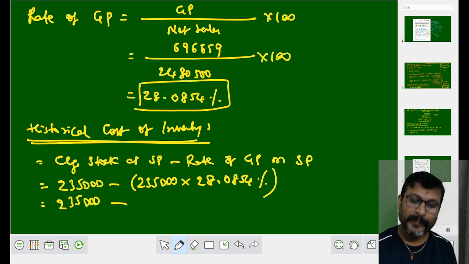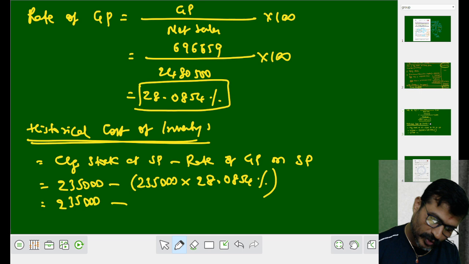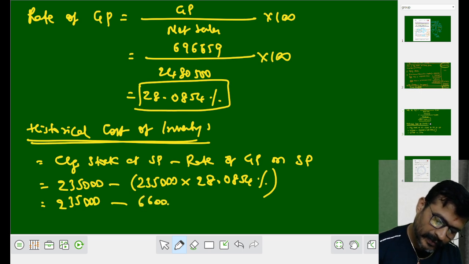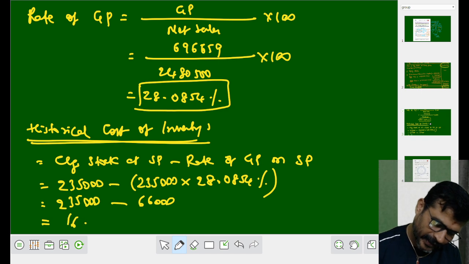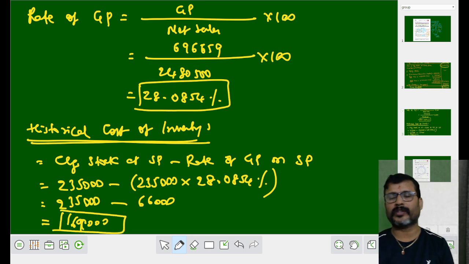Use a calculator and work out the percentage of this. It comes to rupees 66,000. You subtract it, and we get 1,69,000. This is the amount of closing stock.